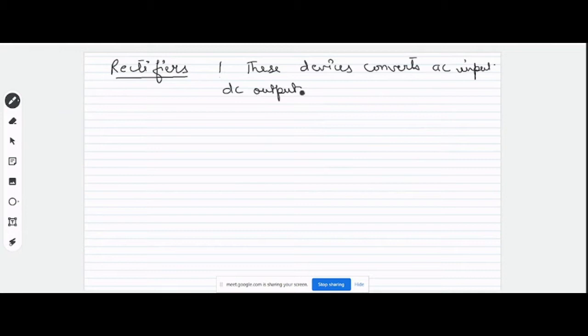Yes or no? Yes, sir. And the classes we have for these rectifiers are controlled, uncontrolled, and semi-controlled, in fact.